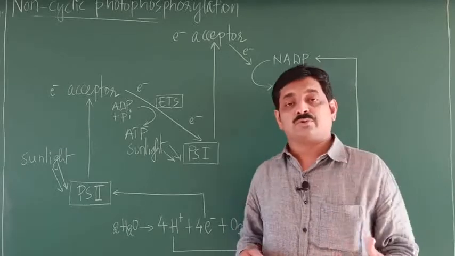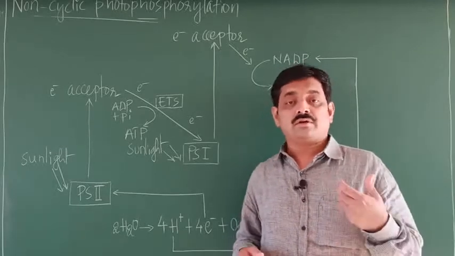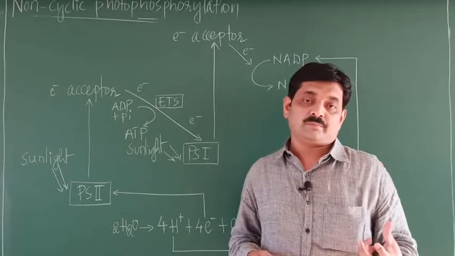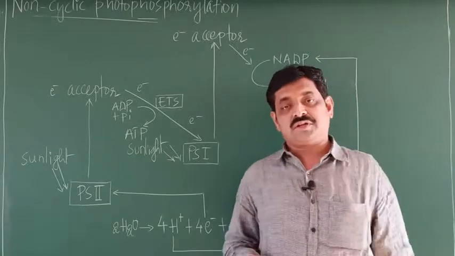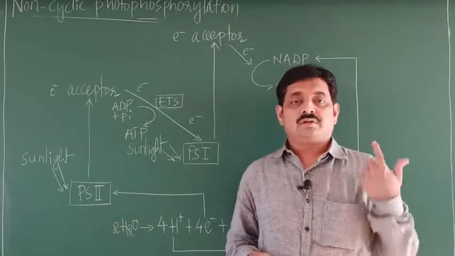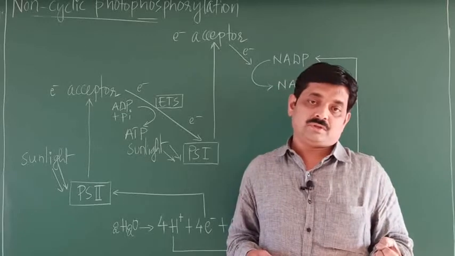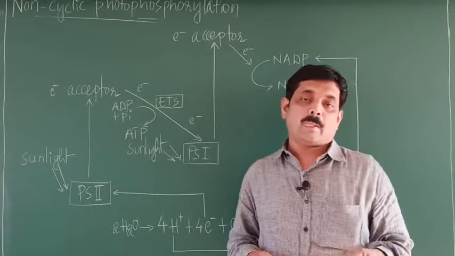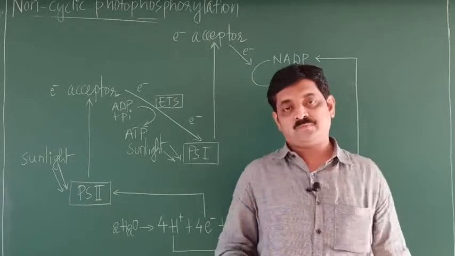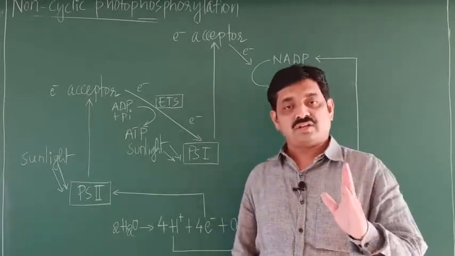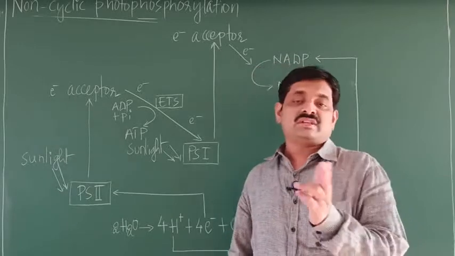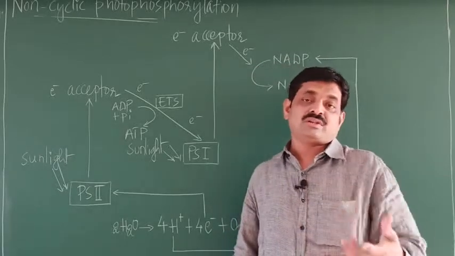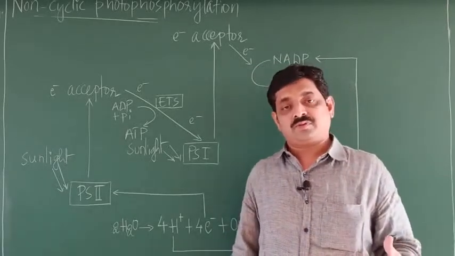Energy is produced in the form of ATP during phosphorylation. And what is the use of this ATP? This energy, that is ATP, is used in the dark reaction. ATP produced in light reaction is used in dark reaction to produce carbohydrates.